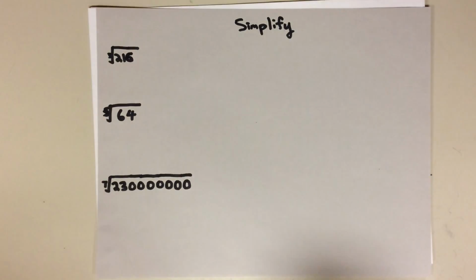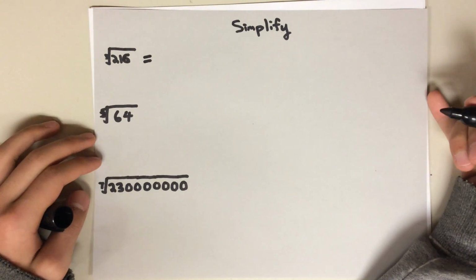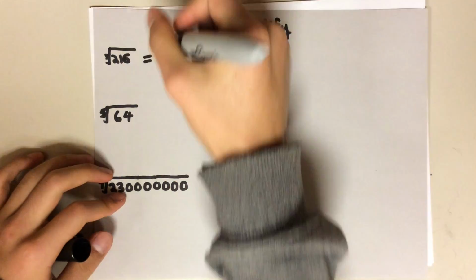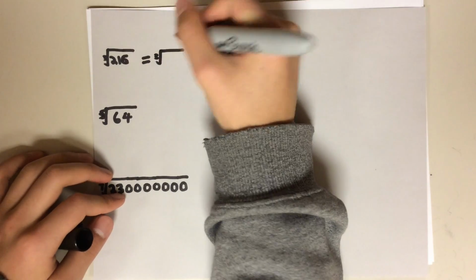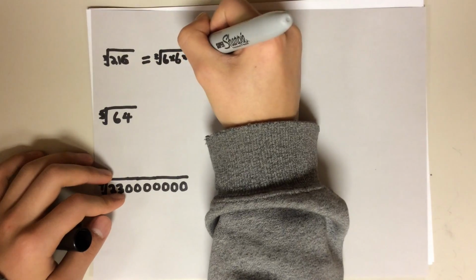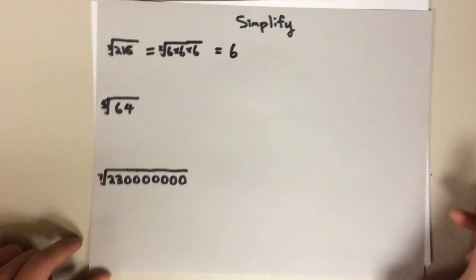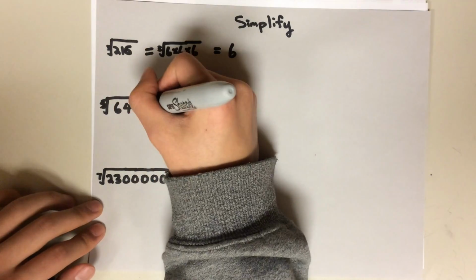Okay, now to get into simplifying cube roots and other roots. Let's start with the cube root of 216. If you prime factorize 216, you get 6 times 6 times 6. And since that's a perfect cube, the cube root of 216 is 6.